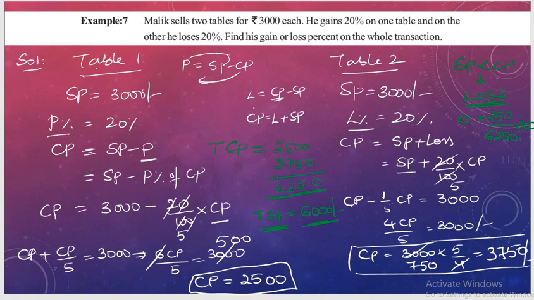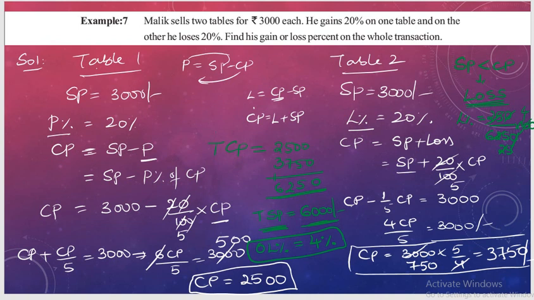Now I can cancel this 0 and 0, so in 25, 625 goes 25 times, so here 100 by 25, it goes 4 times. So overall loss percentage is 4%, right?